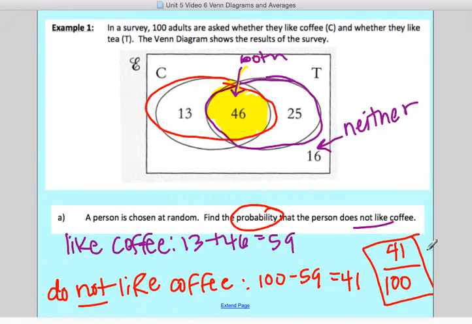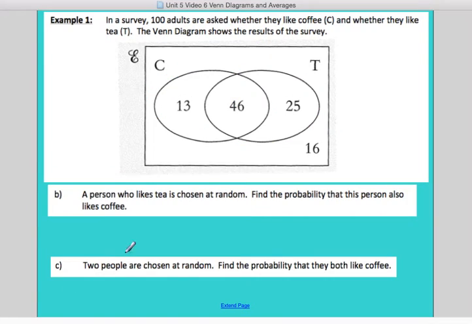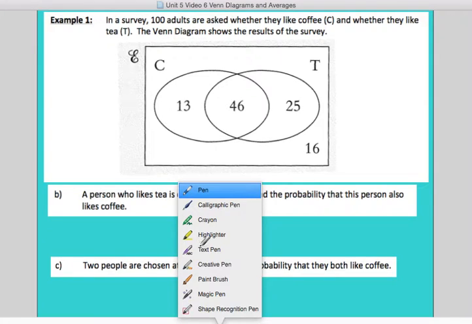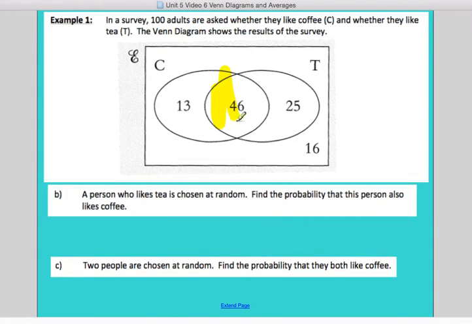Okay. Part B says a person who likes tea is chosen at random. Okay, so that means we're strictly only looking at the people who like tea. So we're looking at this circle here. Find the probability that the person also likes coffee. So what we need to do is figure out how many people like tea.